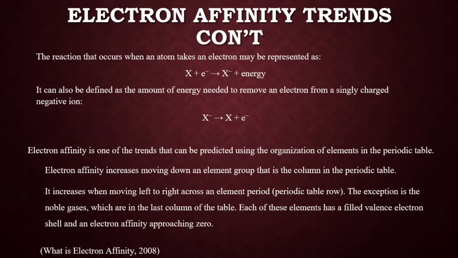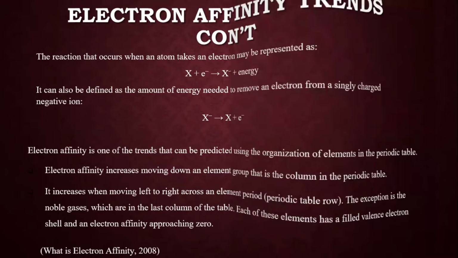That is the periodic table row. The exception is the noble gases, which are in the last column of the table. Each of these elements has a filled valence electron shell and an electron affinity approaching 0.